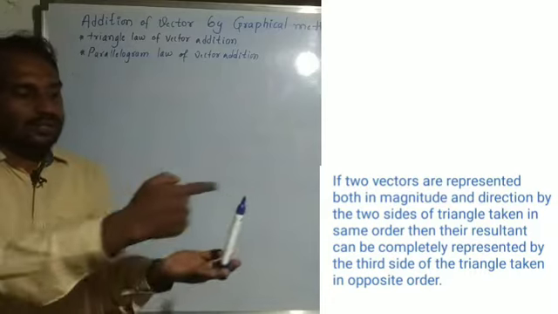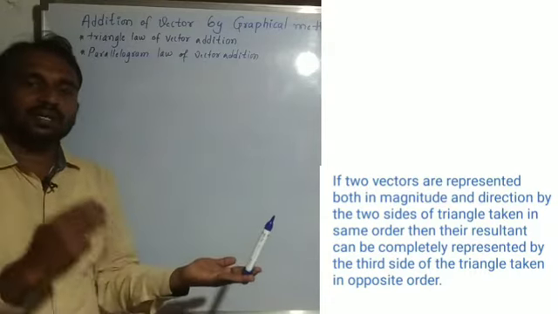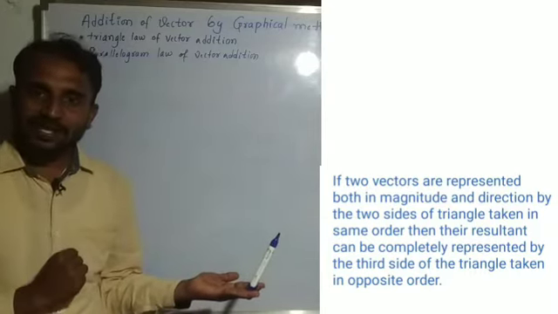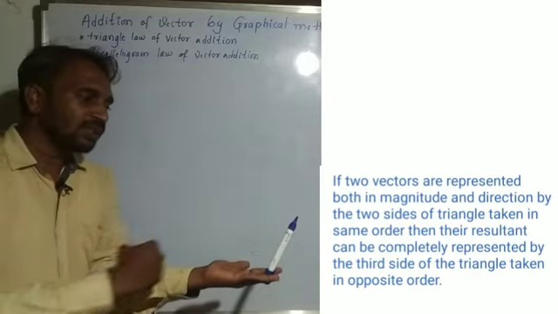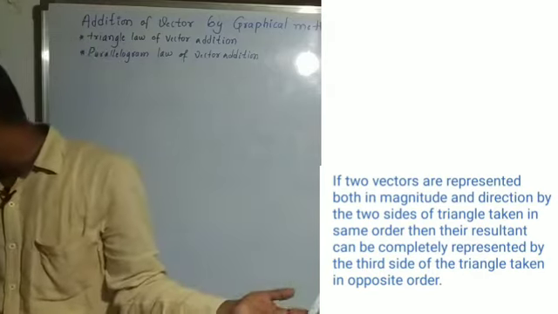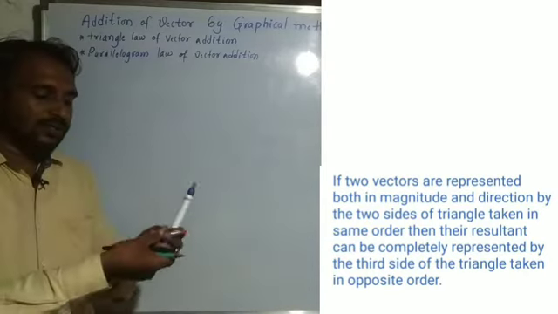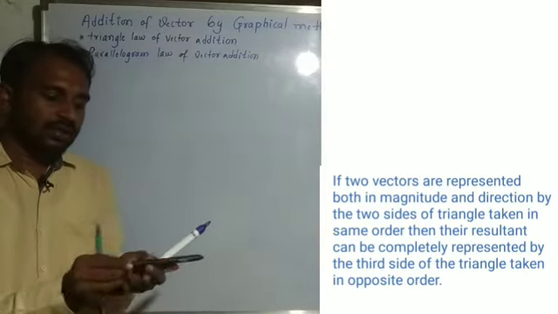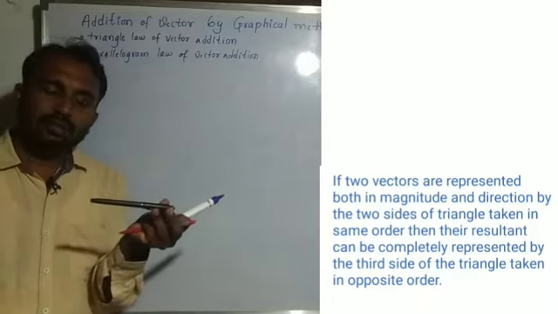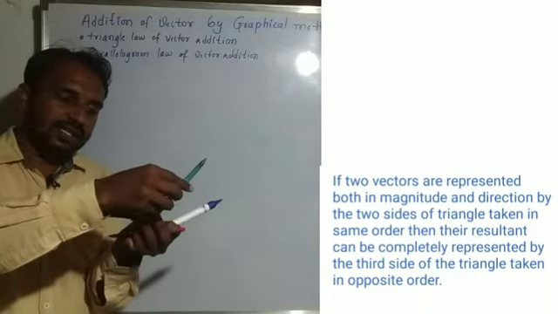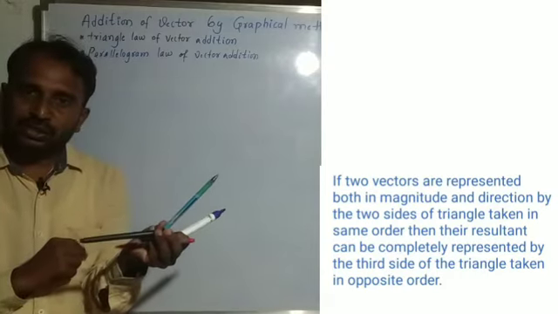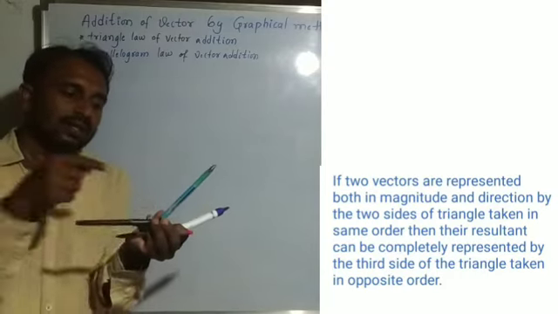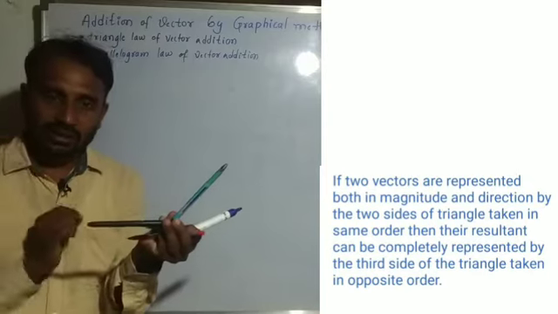Next, a triangle means we want three sides. So the resultant vector represents the third side of the triangle. For example, this one is one vector with both magnitude and direction, and this one is another vector, also with both magnitude and direction. These two are in the same order.